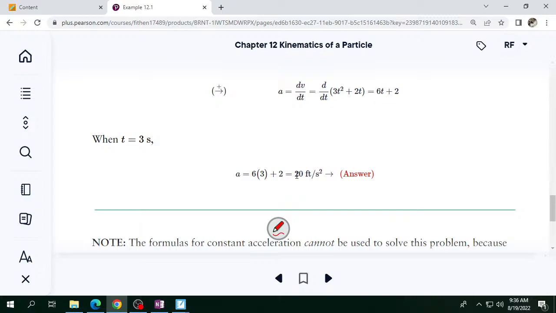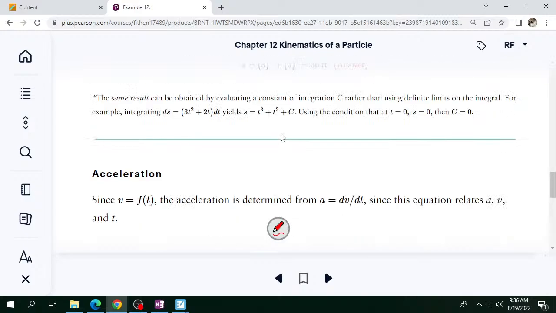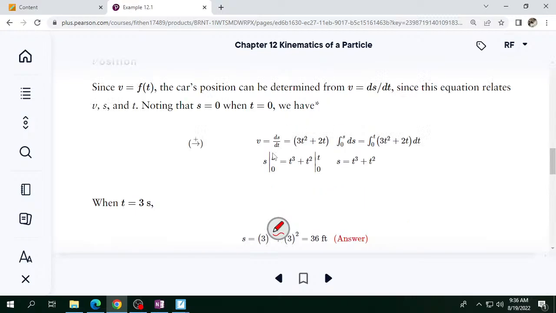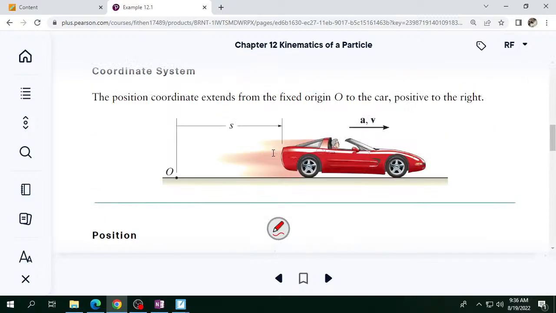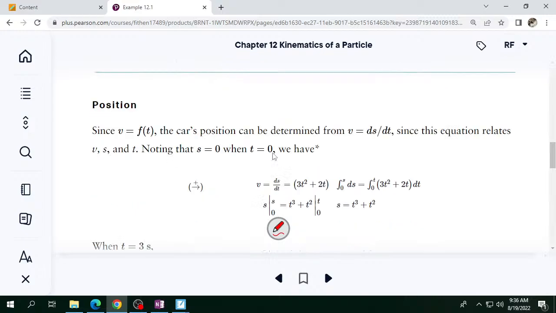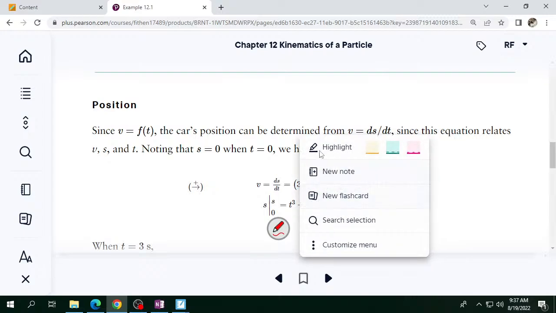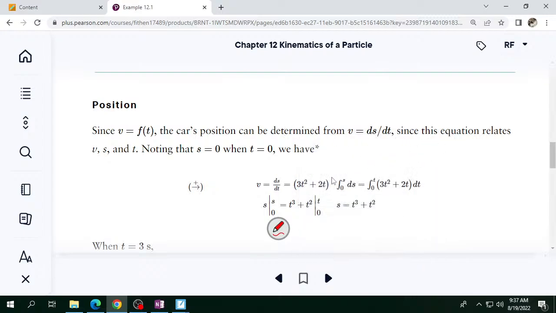For example, if the acceleration is 20... I'm trying to find the original. I guess he just put it right in here. Anyway, that's his original displacement, his S. If he asks you the total distance traveled, you've got to be careful.